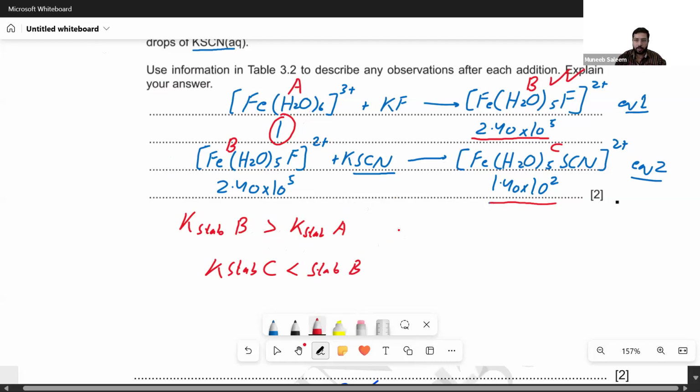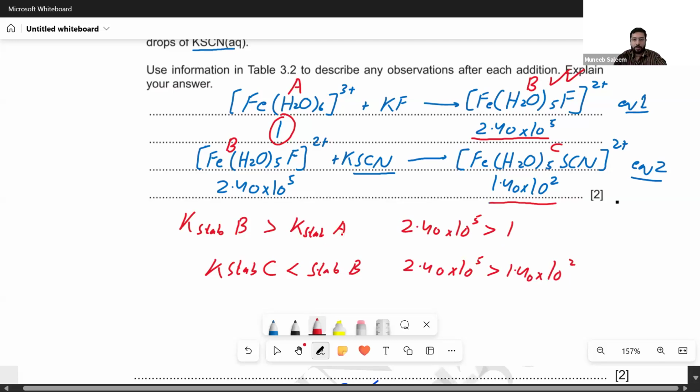I can also write in terms of the values: 2.40 into 10 to the power 5 is greater than 1, and 2.40 into 10 to the power 5 is greater than 1.40 into 10 to the power 2.